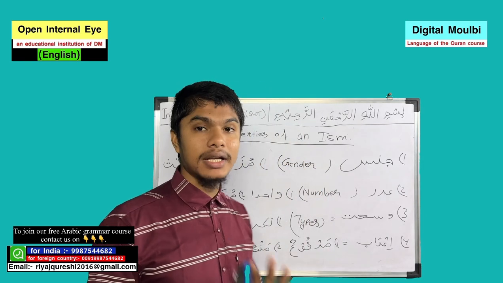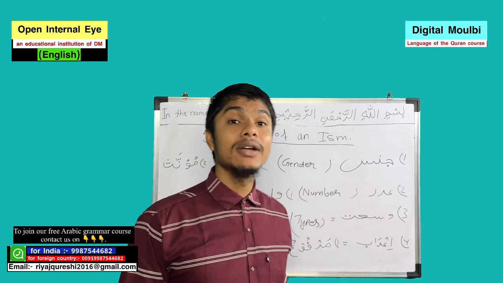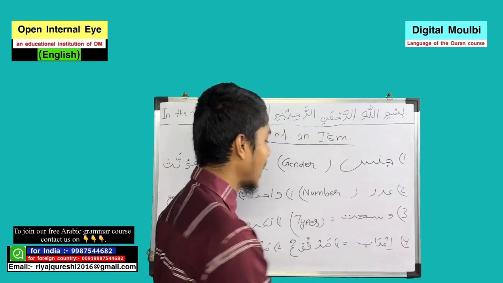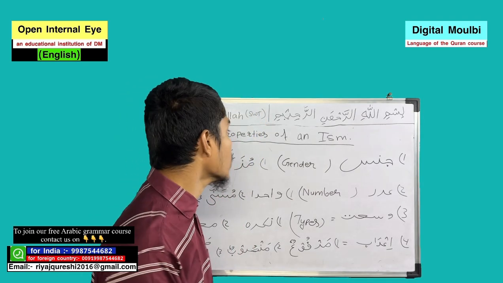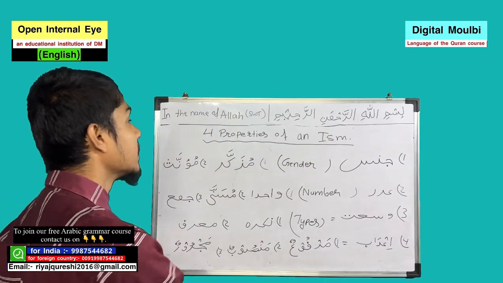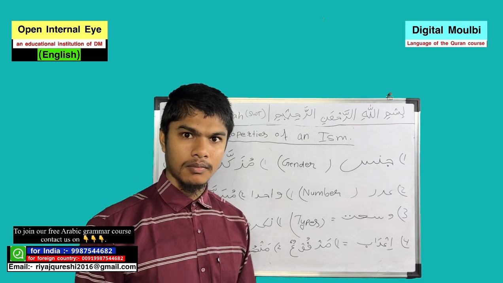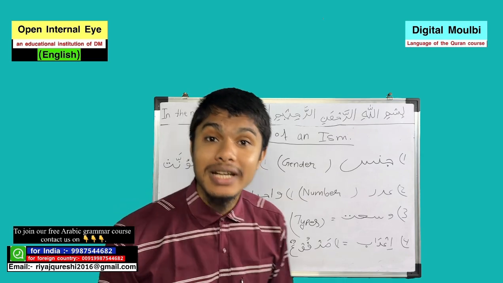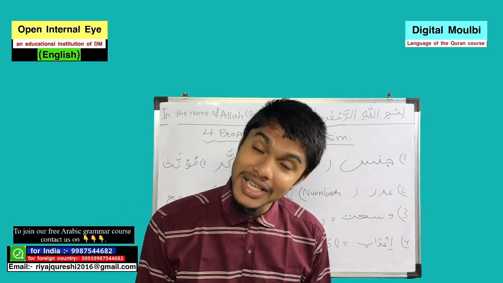I will not explain in this lecture because it will be a big video if I explain i'rab. Okay, so in this video, these are the 4 properties of an ism that we must know to construct a sentence with ism.